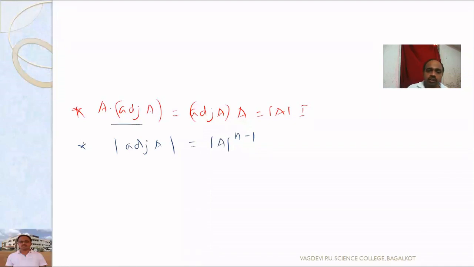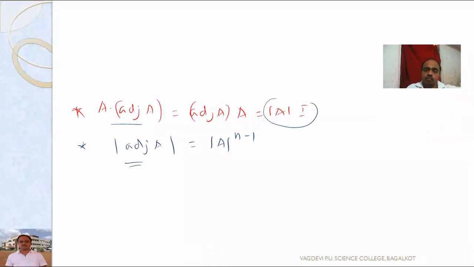A into adjoint A is equal to determinant of A into I. And what is the determinant of adjoint A? Adjoint A is a matrix, the transpose of the cofactor matrix. And what is the cofactor matrix? The matrix formed by all the cofactors of the elements of the given matrix or determinant.